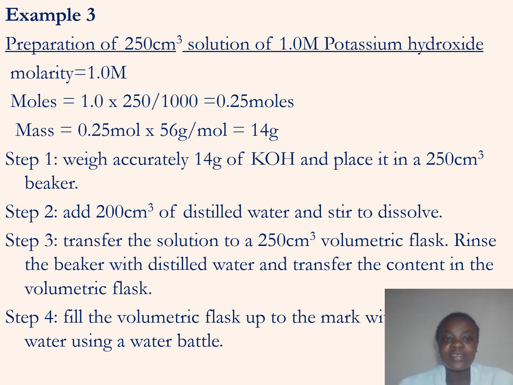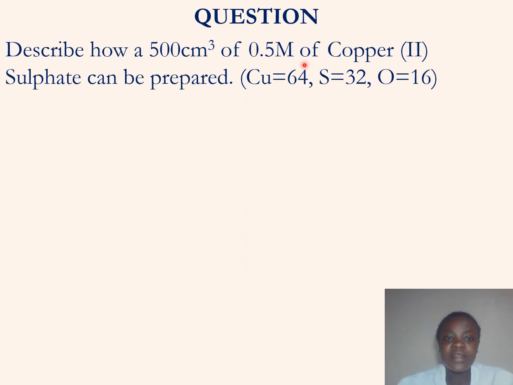So that example will lead us to this question here. We are told to describe how 500 centimeters cubed of 0.5 molar copper 2 sulfate can be prepared. So using the same procedure as in the three examples, you can be able to prepare this solution.